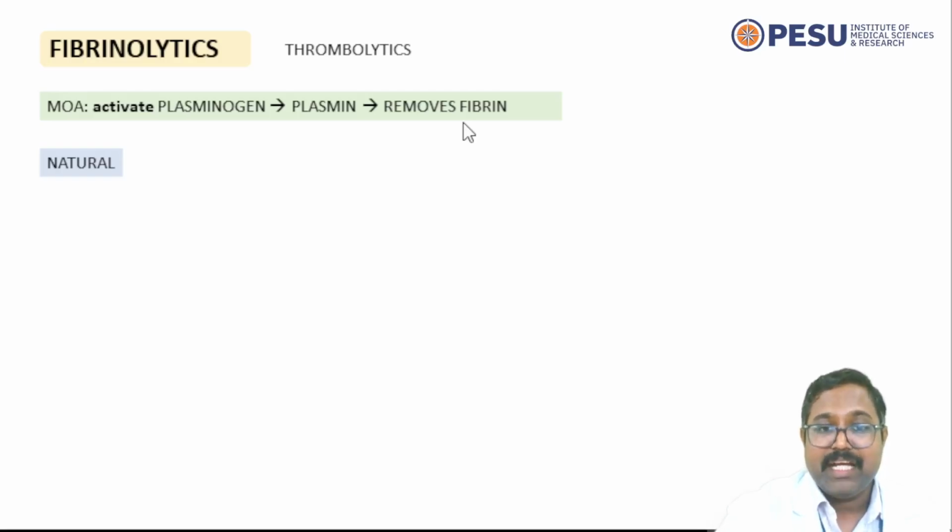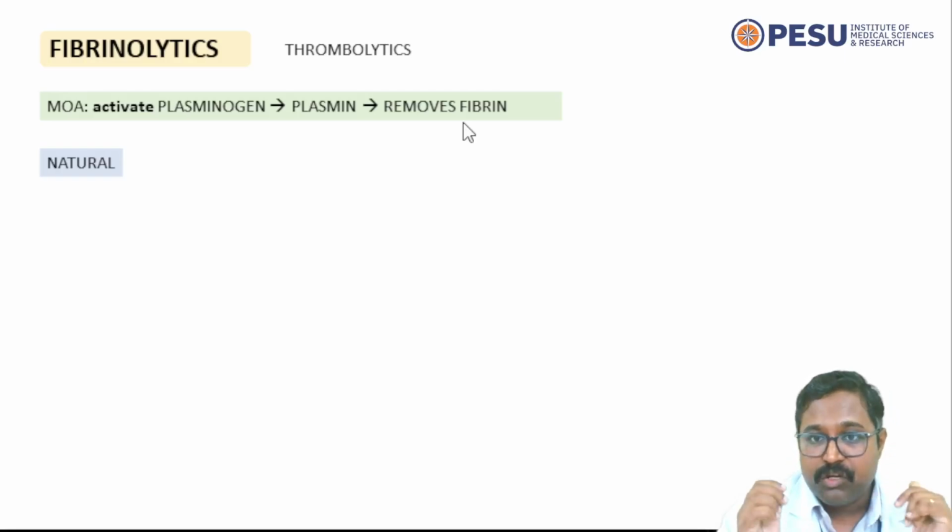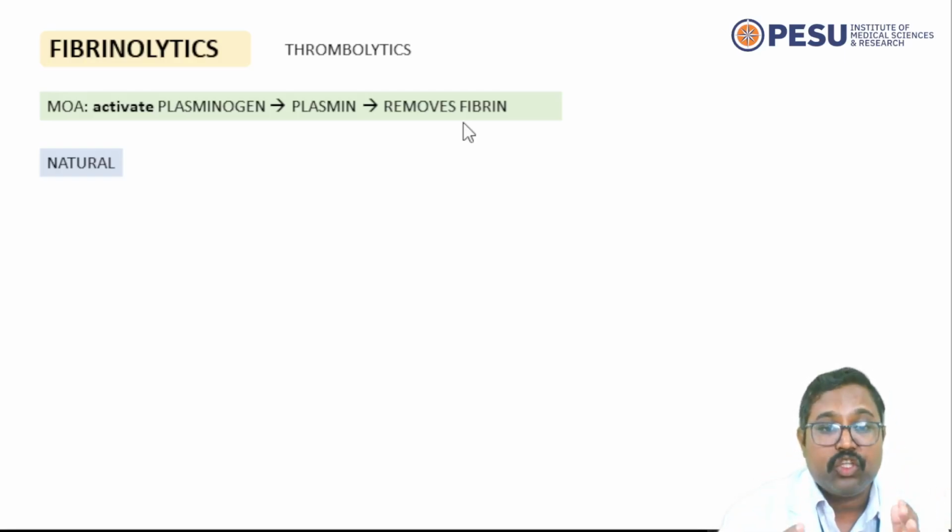Thereby it breaks the clot which is formed, or it breaks the thrombus which is formed. That's why they are called thrombolytics or fibrinolytics.